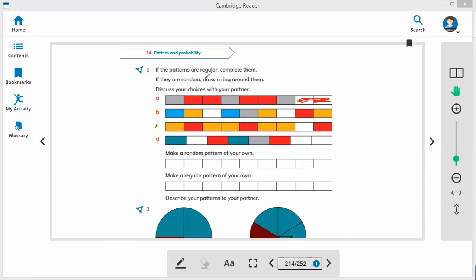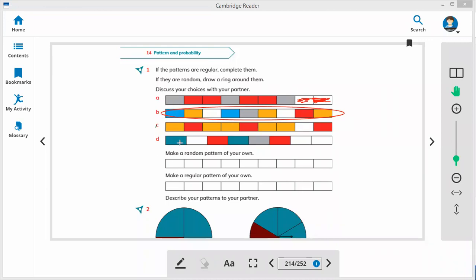So the question says, if the patterns are regular, complete them. If they are random, draw a ring around them. So what we are going to do is draw a ring around B, because it is random, it's not a regular pattern. So you can circle the B. Yes, like this, you can circle the pattern B.